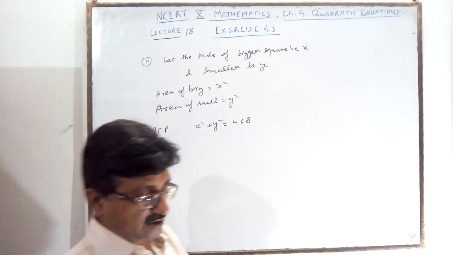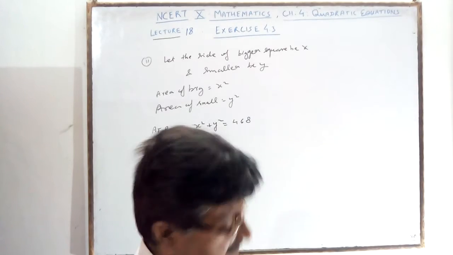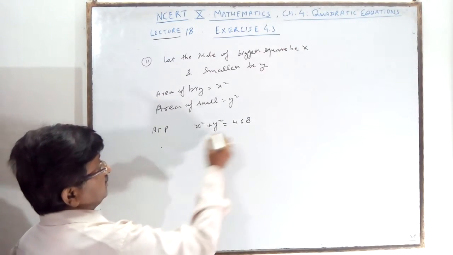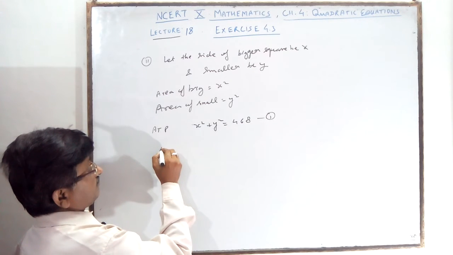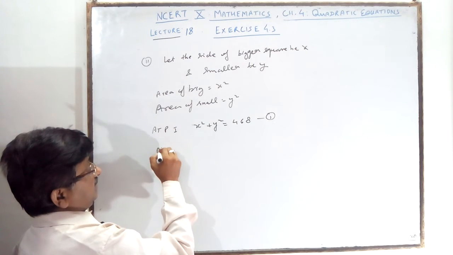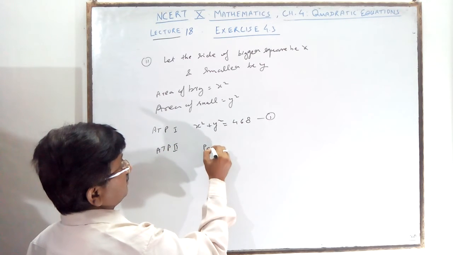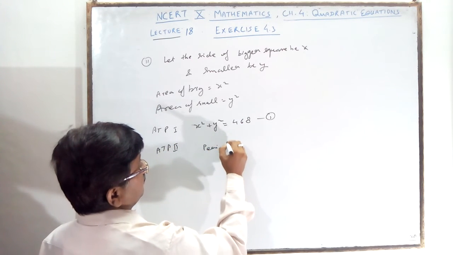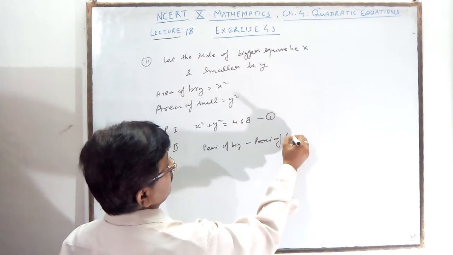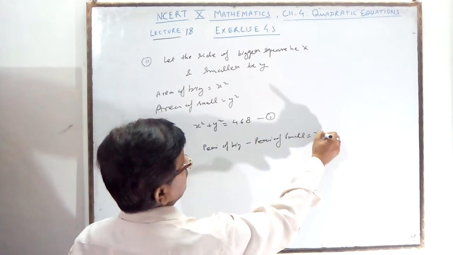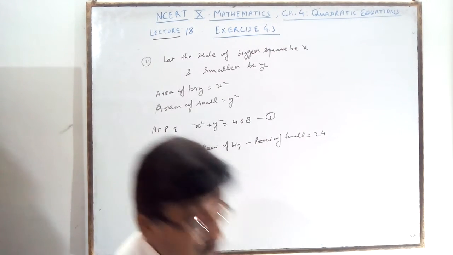That is the first equation. For the second equation, it is given that the perimeter of the big square minus the perimeter of the small square is equal to 24 meters.